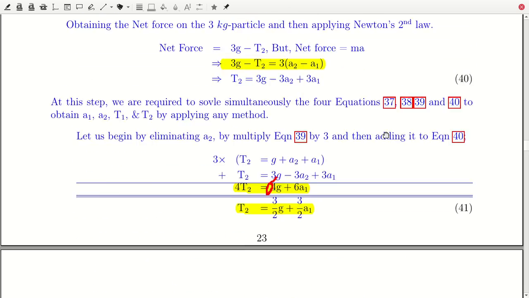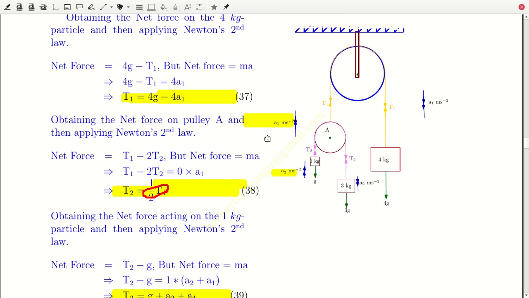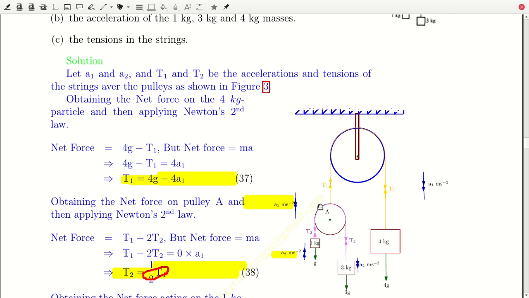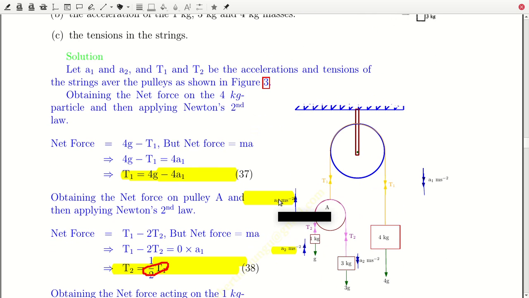So it means our pulley, because there's a question asking the acceleration of the pulley, our pulley will accelerate at an acceleration of A1. You have got A1 as g over 7 meters per second squared. It means our pulley will accelerate at an acceleration of g over 7.